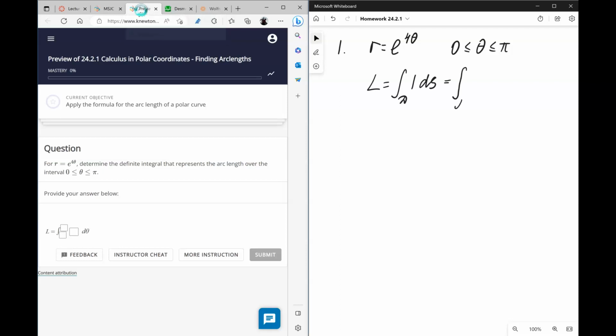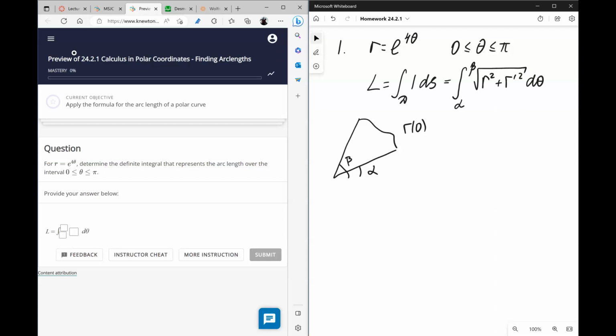It's going to be the integral from alpha to beta. Again, the setup is like this. We have some polar curve, and alpha is the initial angle, beta is the terminal angle. We're going to do the square root of r squared plus r prime squared d theta.